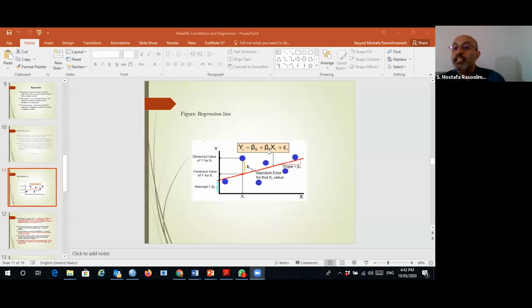If this beta is significant, it means x has a significant effect on y. The higher the beta, the better. When beta is higher, the effect of x on y is greater. When beta is very small, the effect of x on y is very small.